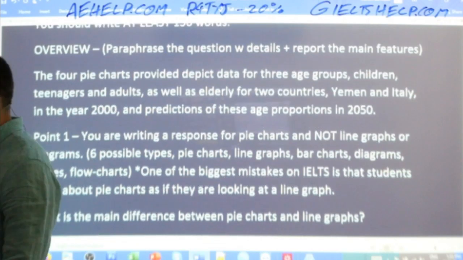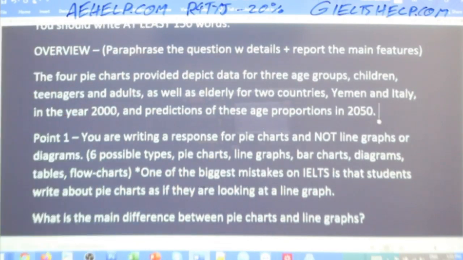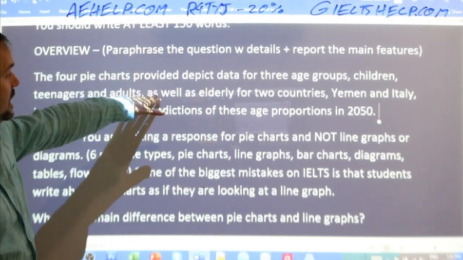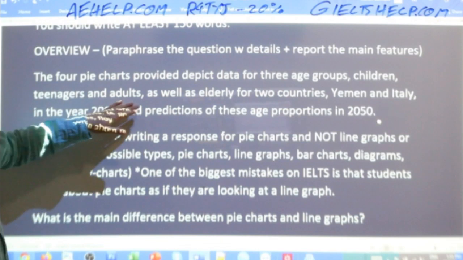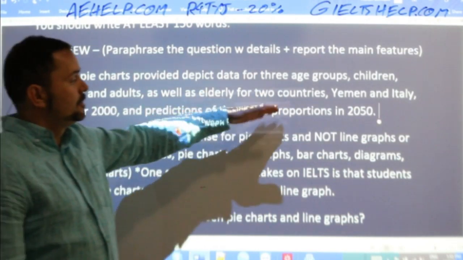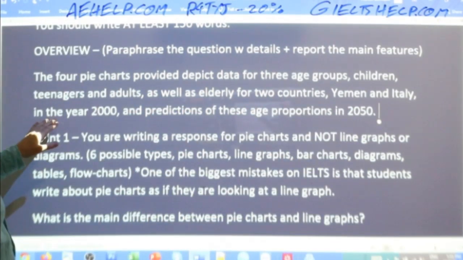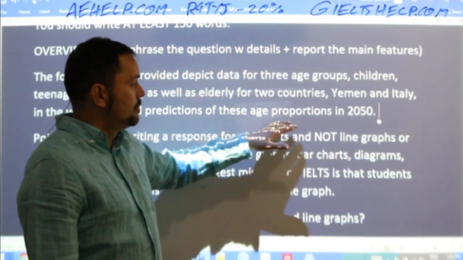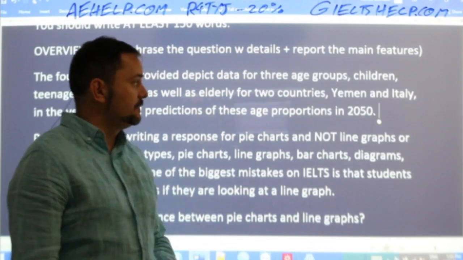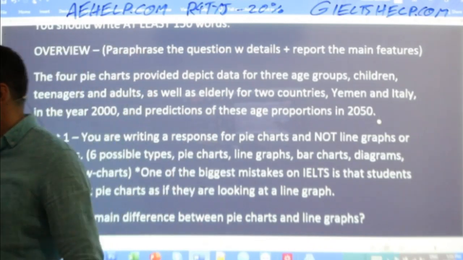All right, let me just reread that. Of course, I'm multitasking, so I have to be careful here. The 4 pie charts provided depict data for 3 age groups: children, teenagers, and adults, as well as elderly, for 2 countries, Yemen and Italy, in the year 2000, and predictions of these age proportions in 2050. Yeah, okay, that reads fine.